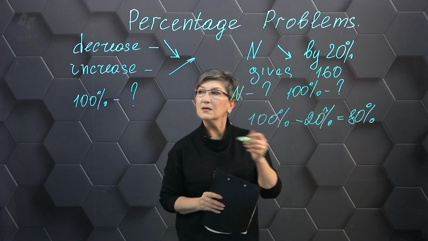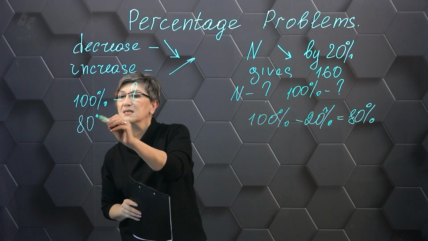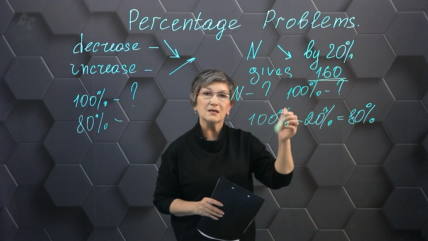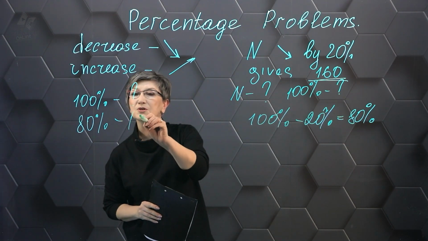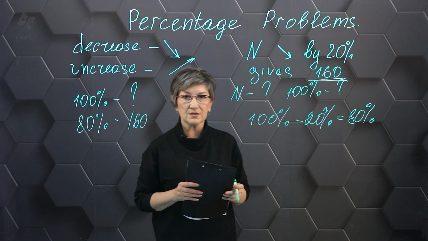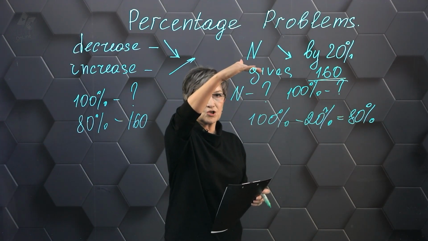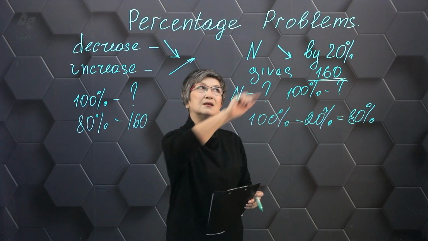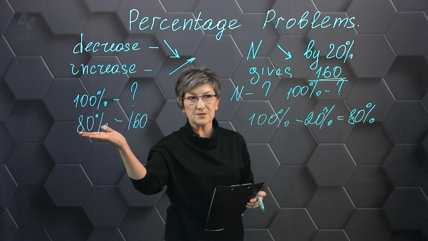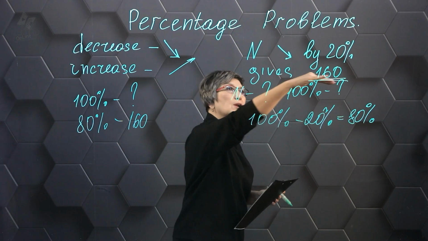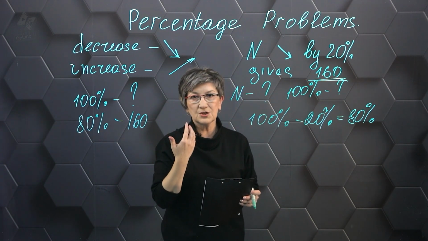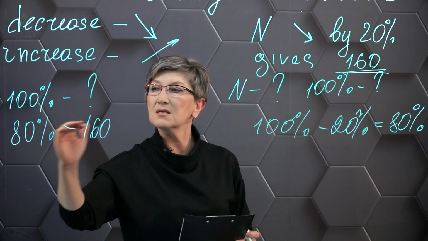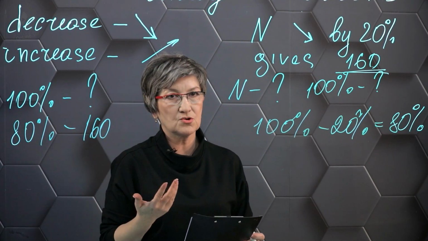Then 80% is the number 160. Once again, back to the conditions of the problem. There was a number, 100%. It's been reduced by 20%, it's 80%, and that number is 160. Here I wrote down 100% is unknown, 80% is 160.